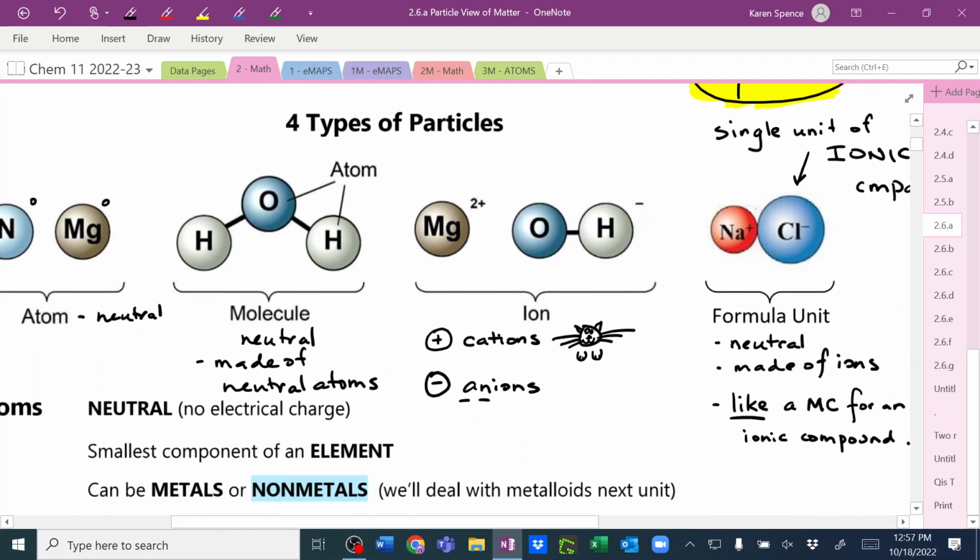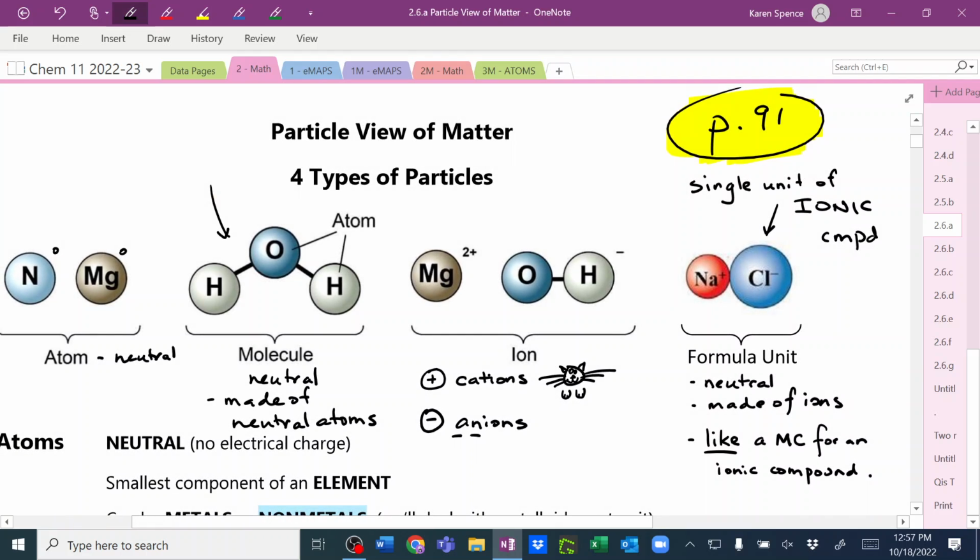They are for covalent compounds, or covalent elements, like H2 or O2, where the O is bonded to the O. That's not a compound, it's an element because it's just oxygen, but it is a molecule because there's two particles.